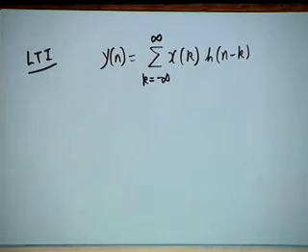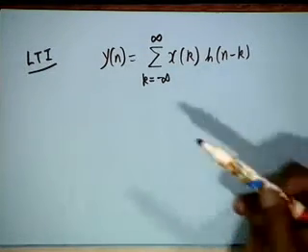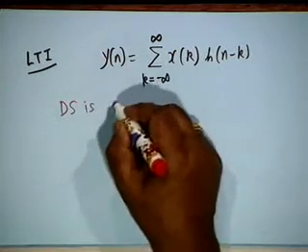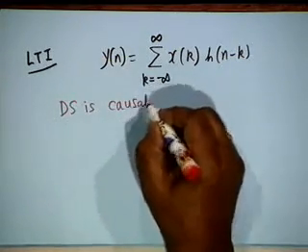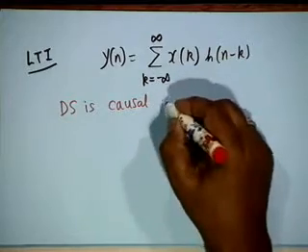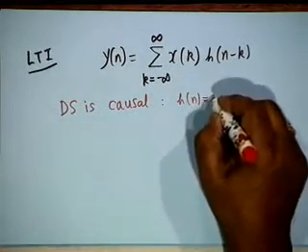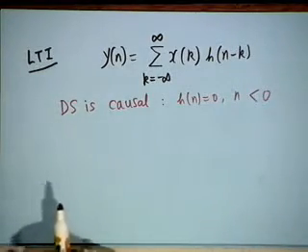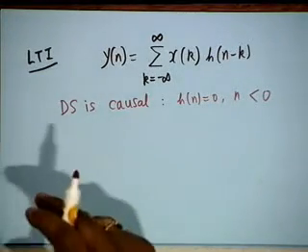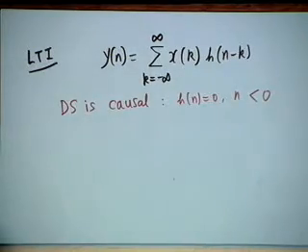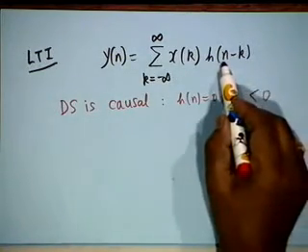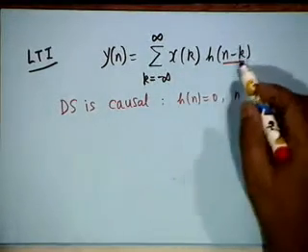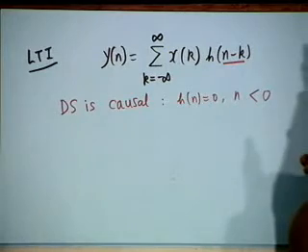Now we consider some special cases. Suppose the digital system is causal. If it is causal, then h of n equals 0 for n less than 0. That is, before the input is applied, before delta n arrives, there cannot be an h of n. If that is so, then this argument will become negative when k exceeds n.